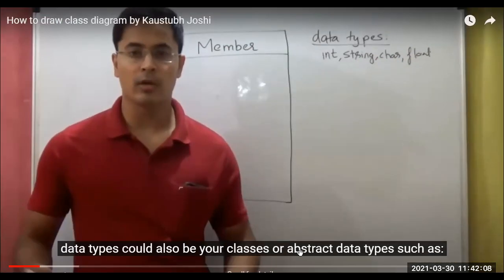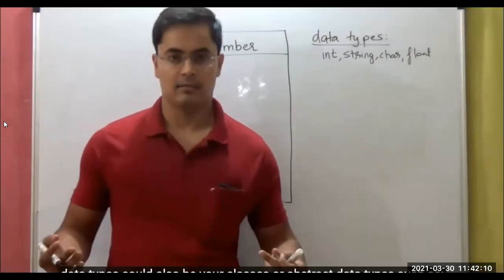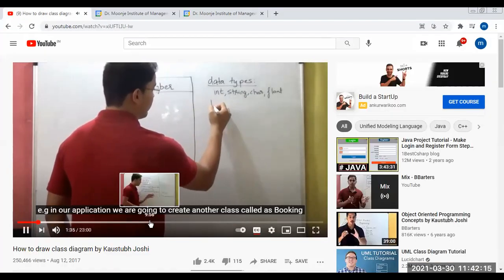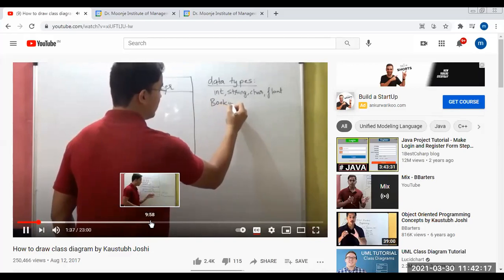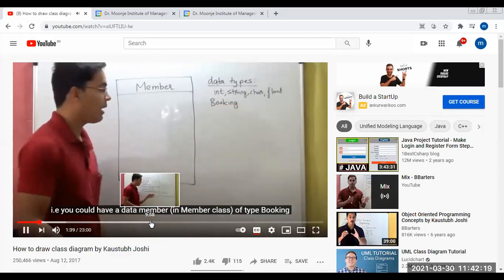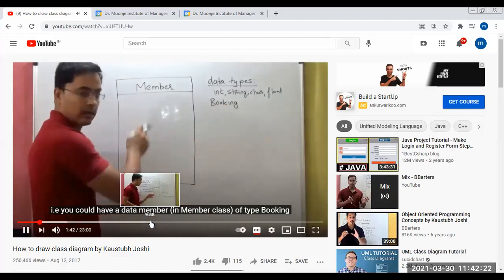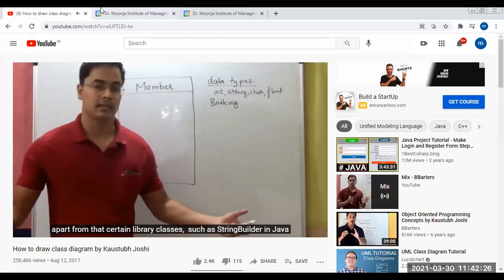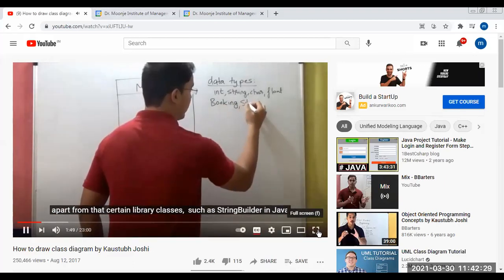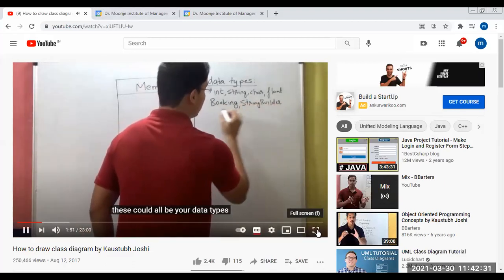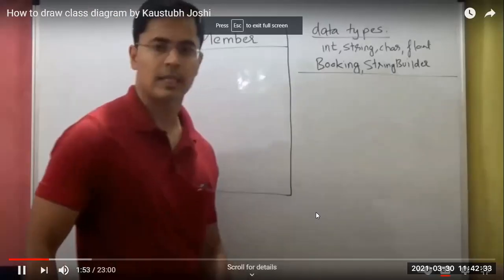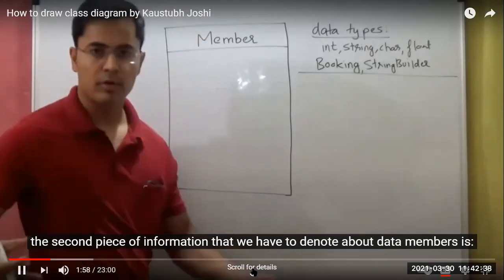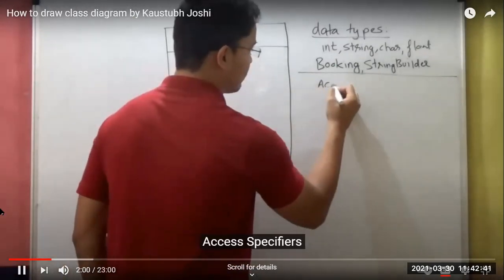Data types could also be your classes or abstract data types, such as, let's say, in our application, we are going to create another class called booking. So booking is a type, right? You could have a data member of type booking. So it's also a type. Apart from that, certain library classes. For example, in Java, you have StringBuilder. So these are all your data types, right? The second piece of information we have to denote in our class diagram about data members is access specifiers.